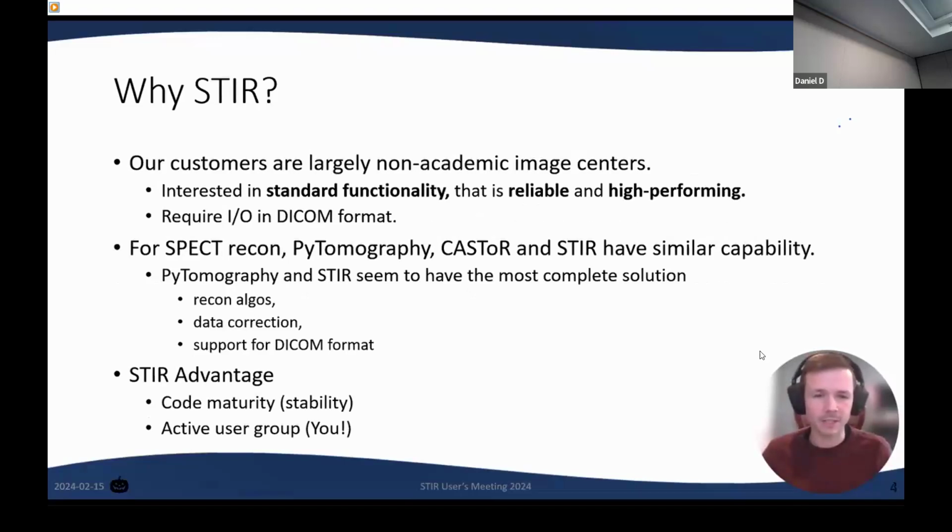To give a little bit of context, our customers are largely non-academic imaging centers. These professionals are really focused on bread and butter imaging and reconstruction techniques, and aren't necessarily interested in the most advanced software products that are available.